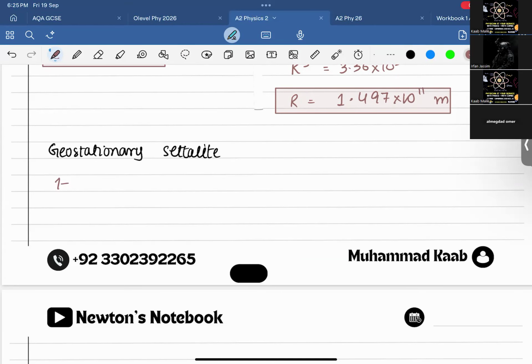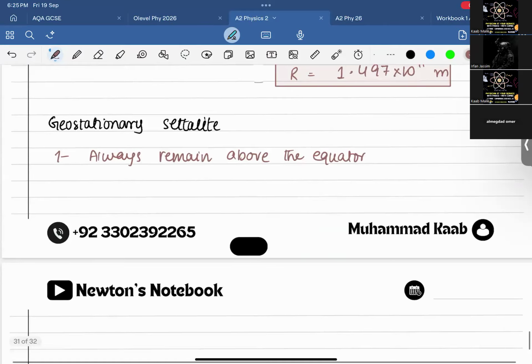One, it always remains above the equator.